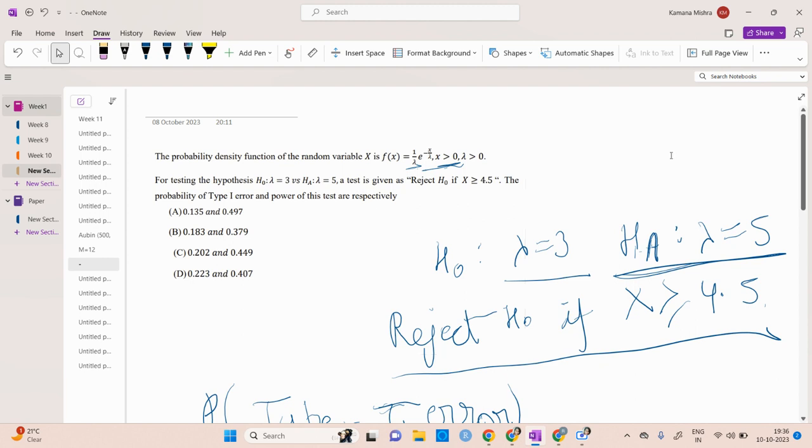Okay, so it will not be like lambda is equal to 3 and lambda is equal to 5. Basically we accept our test when its power is greater than some value, which we define according to our need, but of course you take a test which is very powerful. So here reject H naught if x greater than or equal to 4.5.